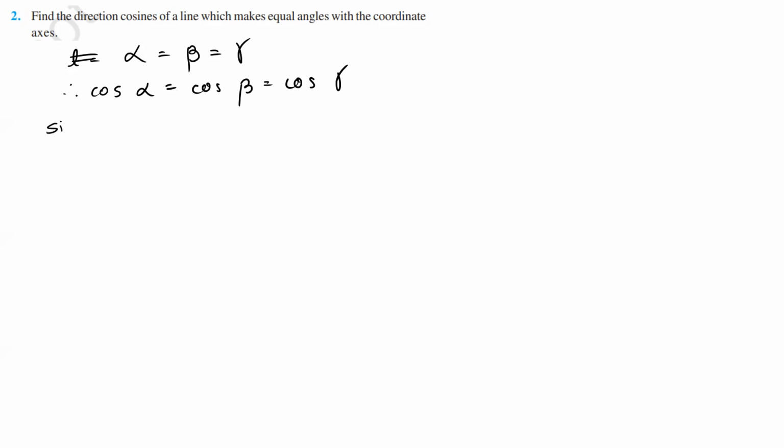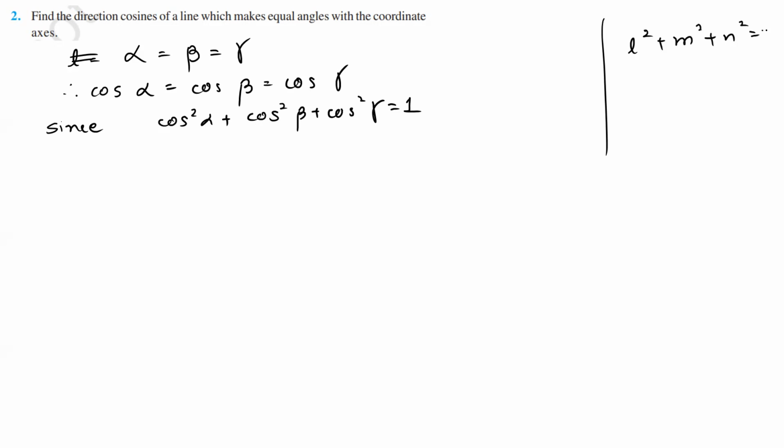We know one relation among them: cos square alpha plus cos square beta plus cos square gamma is equal to 1. If you forgot, remember it came from l square plus m square plus n square is equal to 1, where l is cos alpha, m is cos beta, and n is cos gamma.